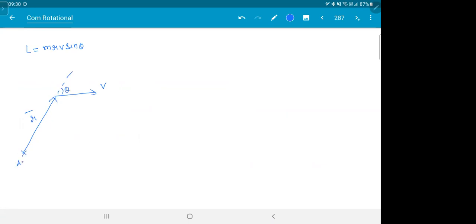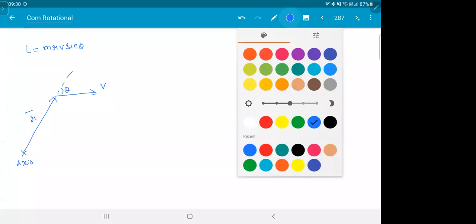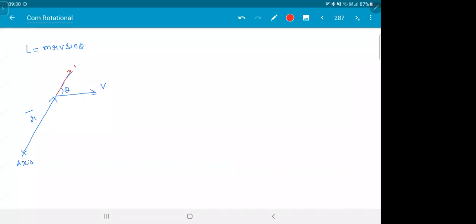This is your axis. You can divide the velocity into two components, v cos theta and v sin theta. This is your v perpendicular, so this can be written as m r v perpendicular.